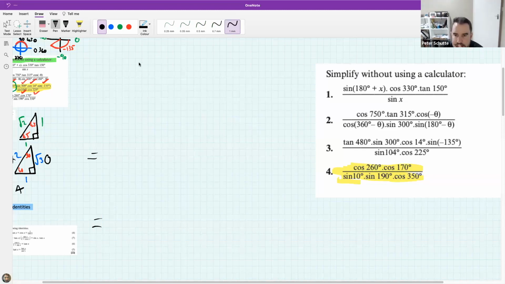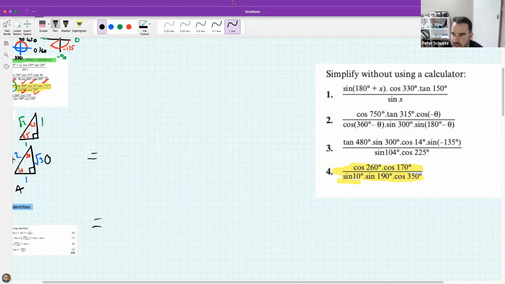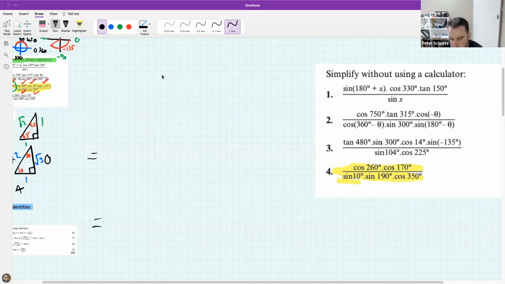Okay. There's a couple of different ways you can do number 4. It's not to say that you have to do it the way I do it now, but let's see.